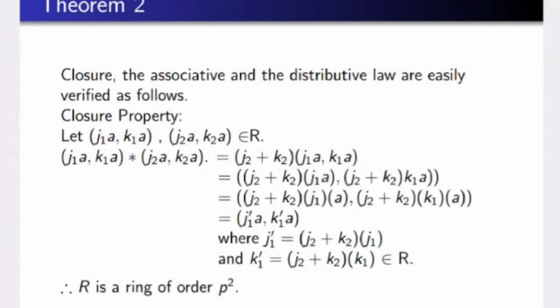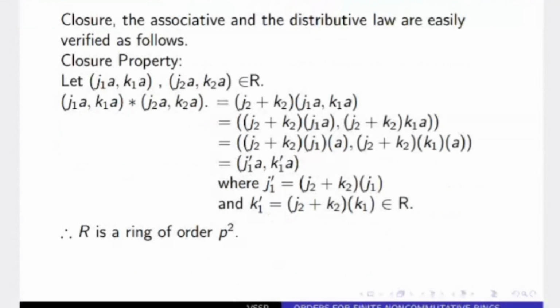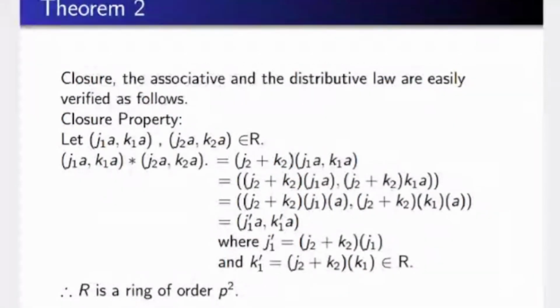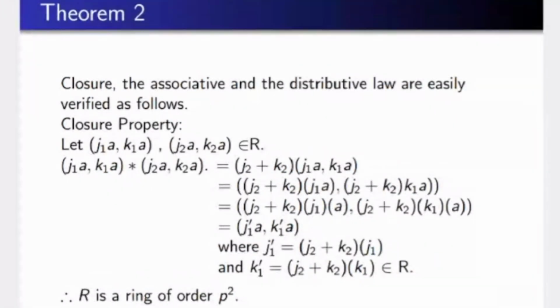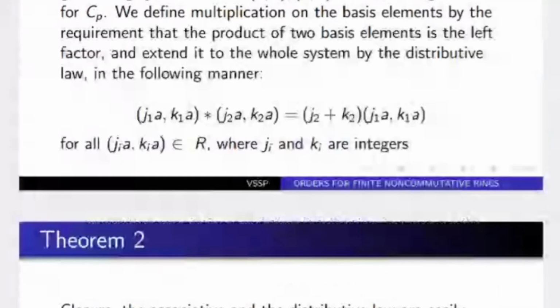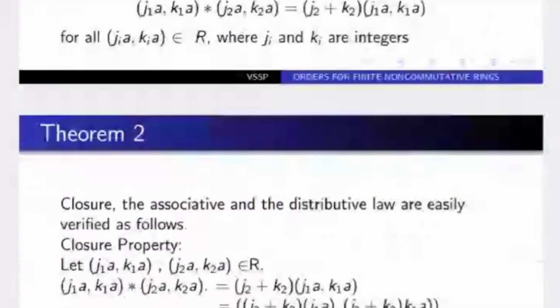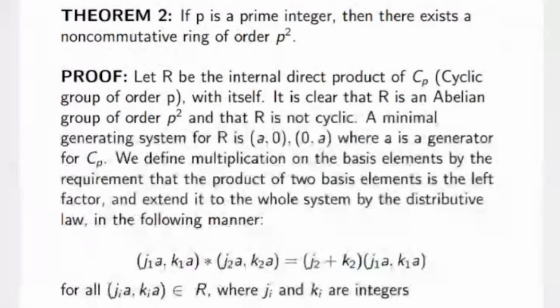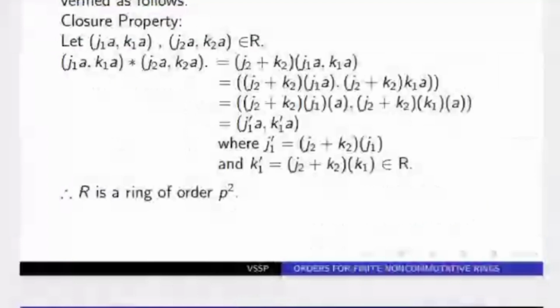Since J2 and K2 are integers, they can be associated with the first and the second element, and hence we get J1 dash A, K1 dash A, and this element is in R. So we have shown closure, and the other properties can be verified in this way: by the distributive law, taking three elements, associativity holds, and the identity element is here. Therefore, we have shown that R is a ring of order p square.